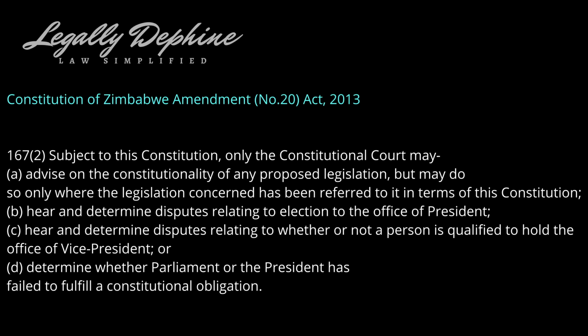In terms of Section 167, subsection 2 of the Constitution, it is only the Constitutional Court which may advise on the constitutionality of any proposed legislation, hear and determine disputes relating to the election to the office of the President, hear and determine disputes relating to whether or not a person is qualified to hold the office of Vice President, and determine whether Parliament or the President has failed to fulfill a constitutional obligation.